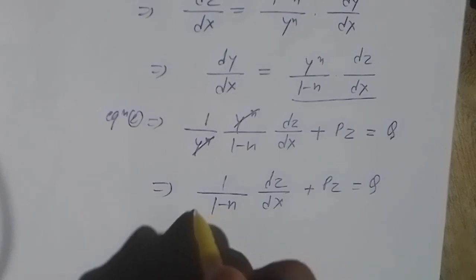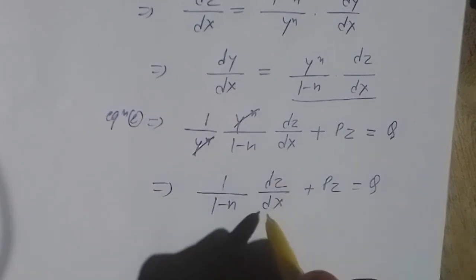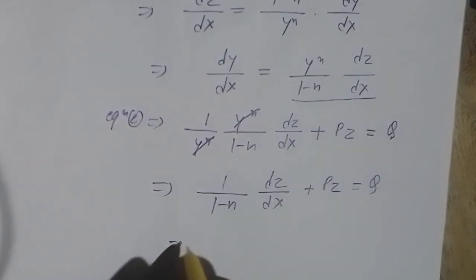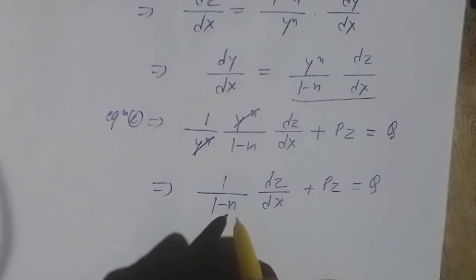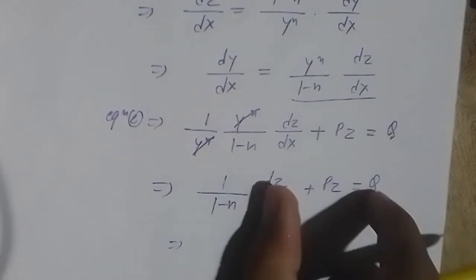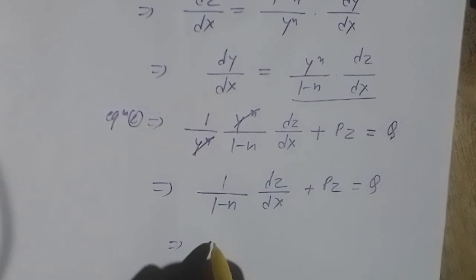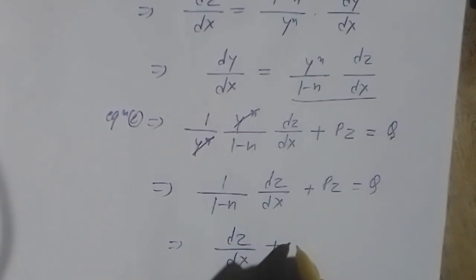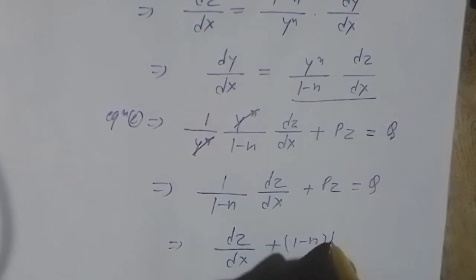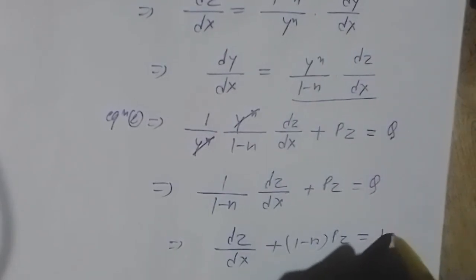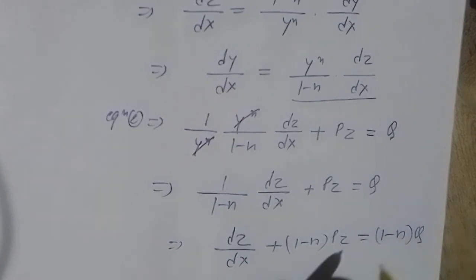Since 1 by 1 minus n is dividing these terms, let's multiply by the 1 minus n term on both sides. Then we get dz by dx plus 1 minus n pz is equal to 1 minus n q.